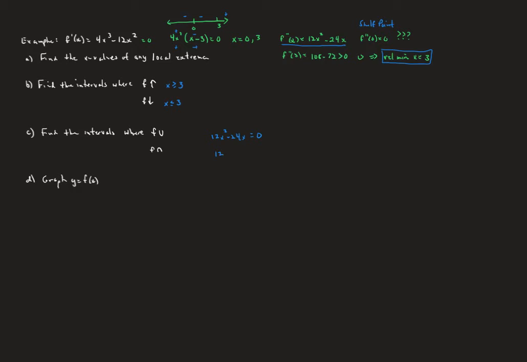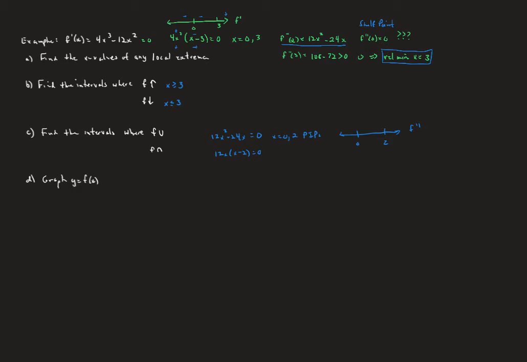We can factor out a 12x, leaving behind x minus 2. So we're going to get x equals 0 and x equals 2 are pips, potential inflection points. So we can now analyze the sign on the second derivative. I guess I should have called this the first derivative over here.